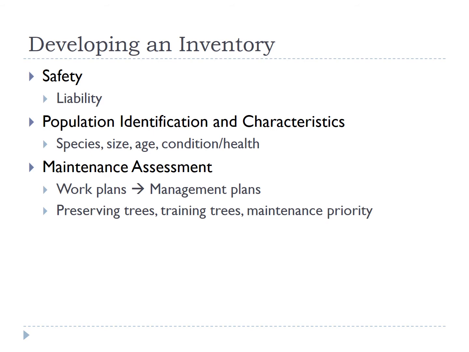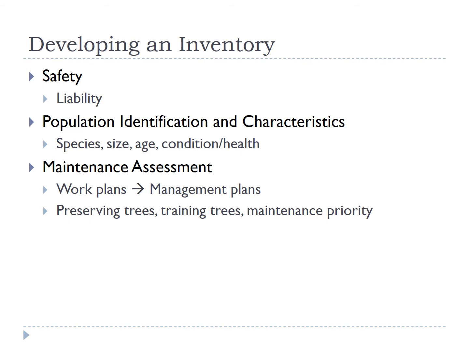If we have the planting records, we can figure out how old it is, but size and age do not relate to each other. Condition and health is the other characteristic that we often look at. And then whether or not there needs to be any kind of maintenance conducted on that tree, whether it needs to be pruned or removed, and to what level the pruning needs to happen.